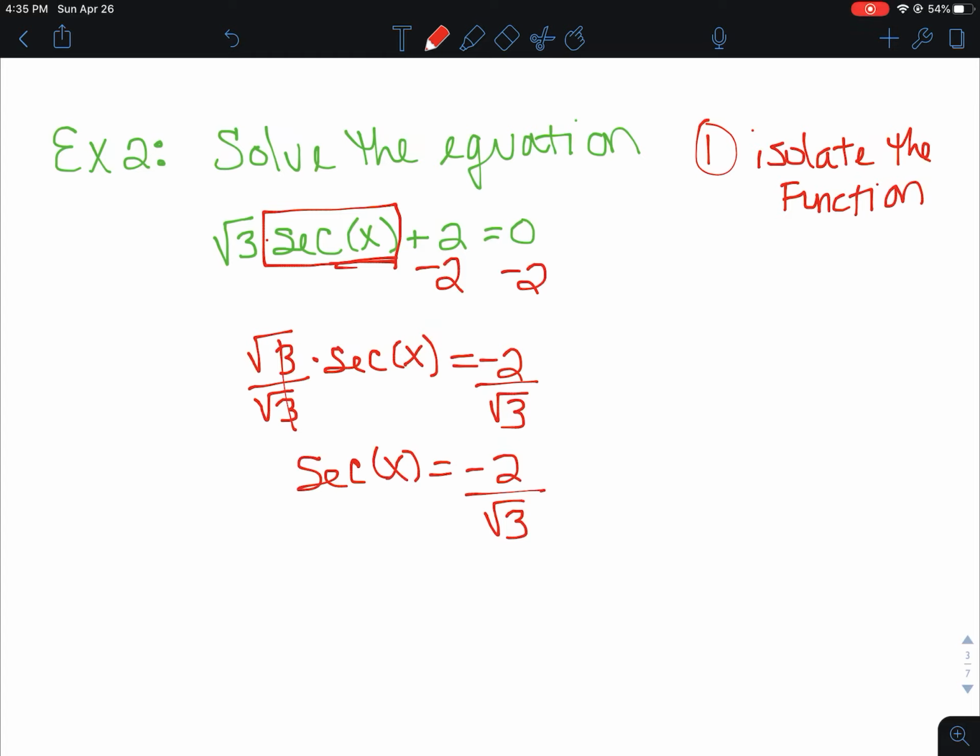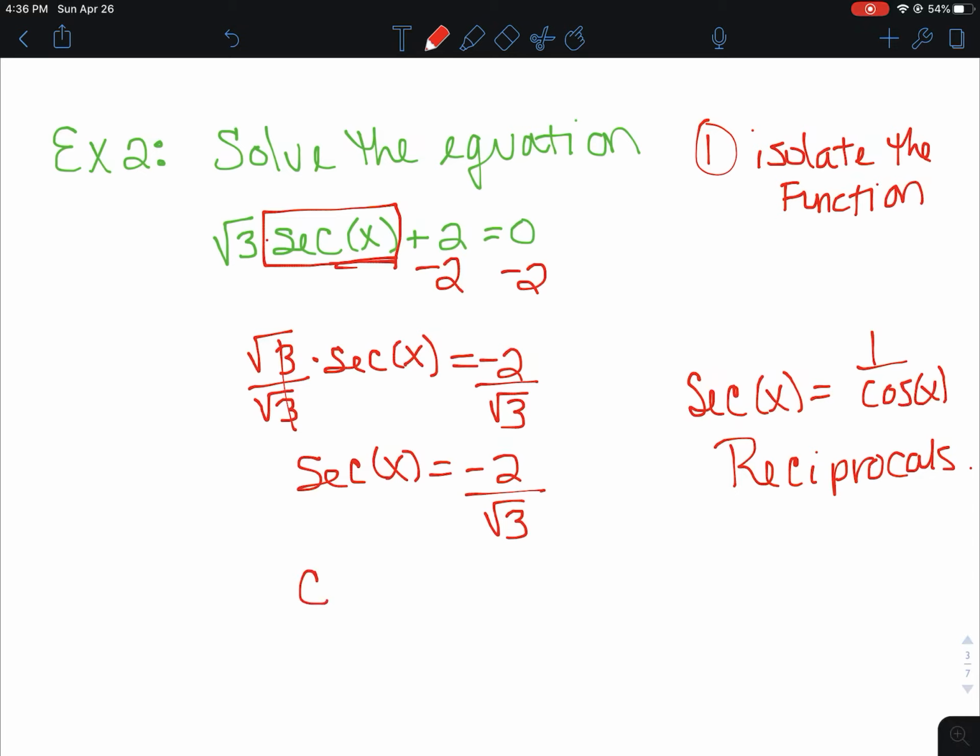Well, if you think back to your trig identities, remember that secant of x is the same as 1 over the cosine of x, or essentially they are reciprocals of each other. So if the secant of x is -2 over the square root of 3, then the cosine of x has to be negative square root of 3 over 2.